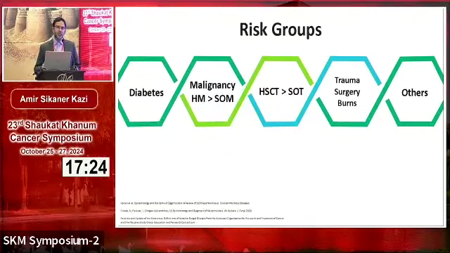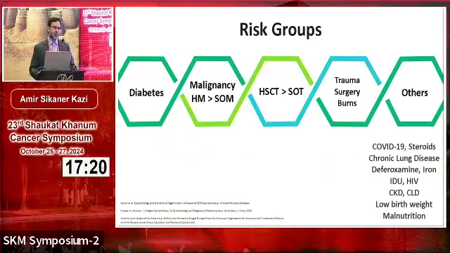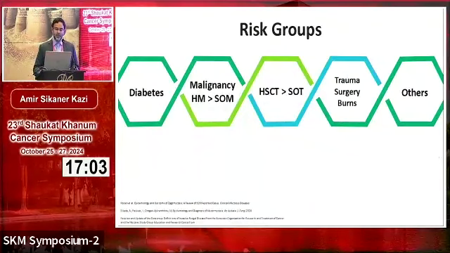Trauma, surgery, and burns are also risk groups. And then there are various other risk groups. So for example, COVID, use of steroids, lung disease, also with use of steroids, HIV, which we're seeing a rising increase in Pakistan, along with a lot of malnutrition, CKD, CLD. So a lot of these risk factors do apply to us.